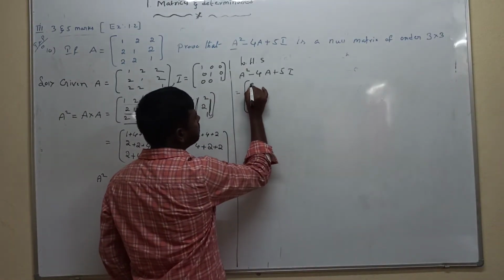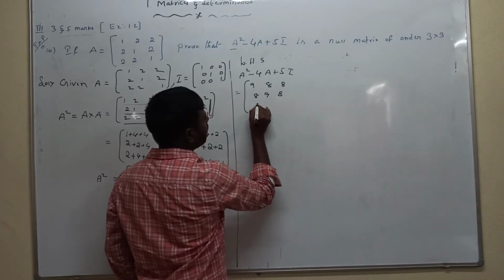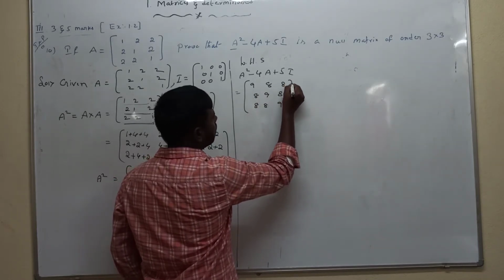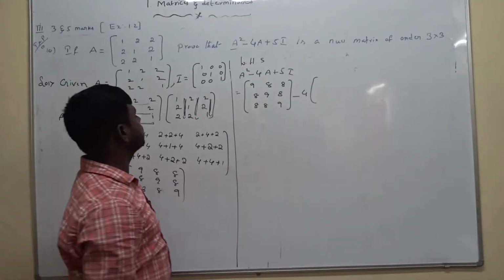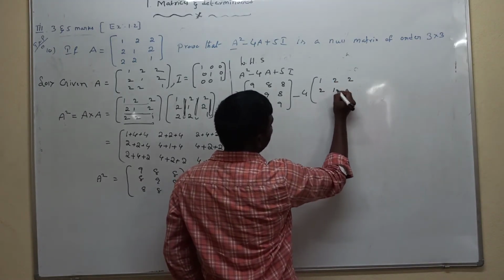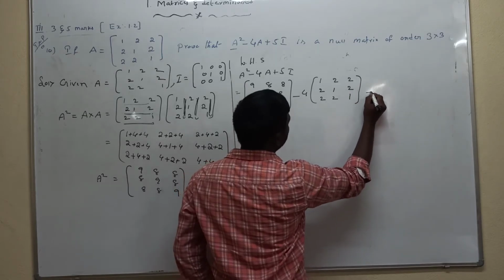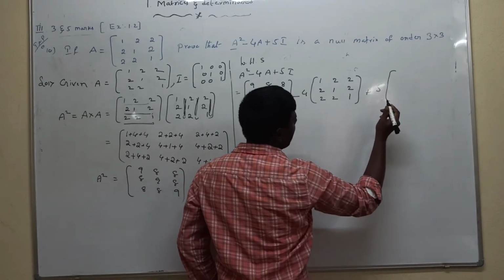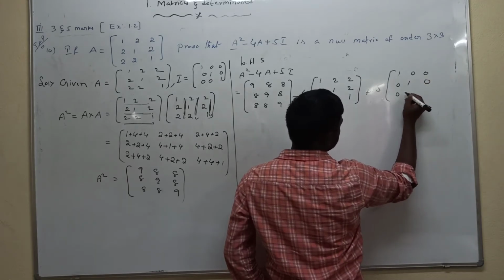A square is [9 8 8; 8 9 8; 8 8 9] minus 4 into the A matrix [1 2 2; 2 1 2; 2 2 1] plus 5 into I, which is [1 0 0; 0 1 0; 0 0 1].